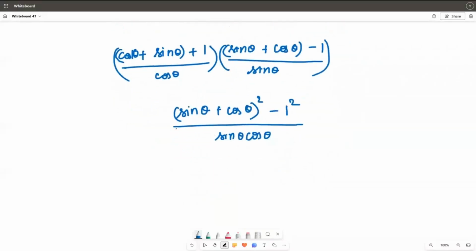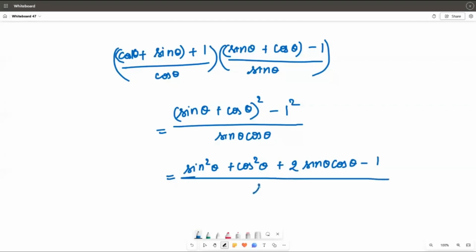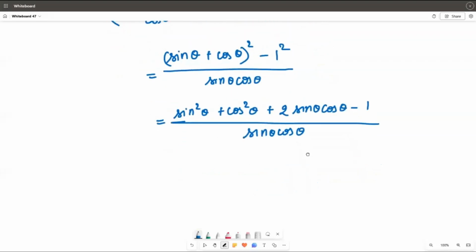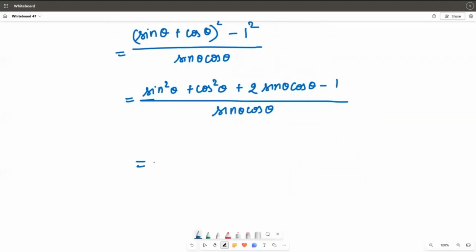And let's expand the numerator, the A plus B whole square. So this would be A square plus B square plus 2AB, 2 into sin theta into cos theta, and minus 1 square is 1, and denominator we have sin theta into cos theta. So we know that sin square theta plus cos square theta is equal to 1.